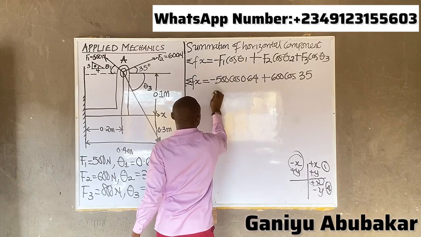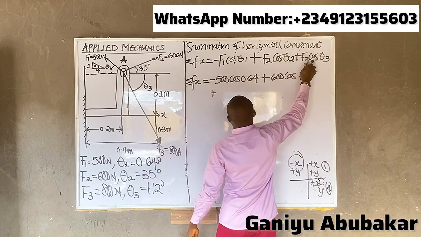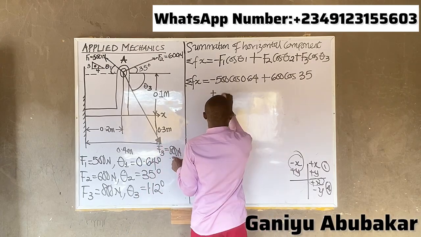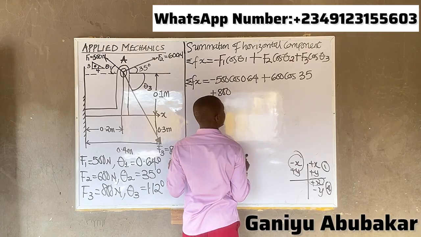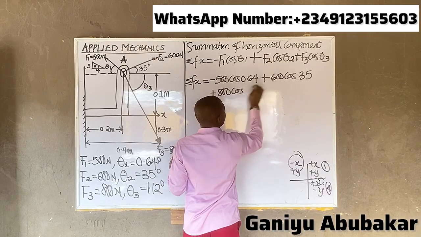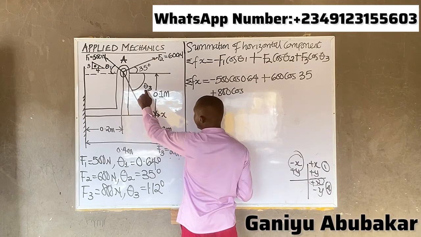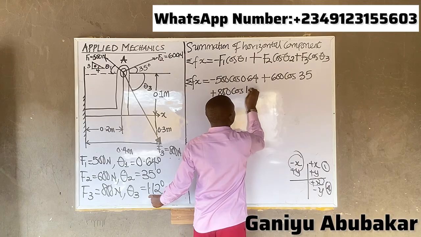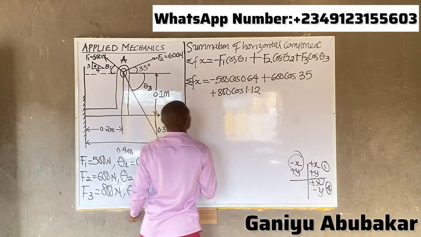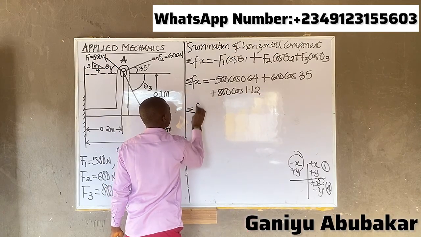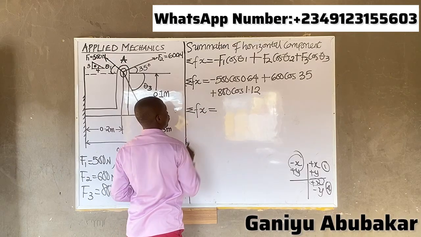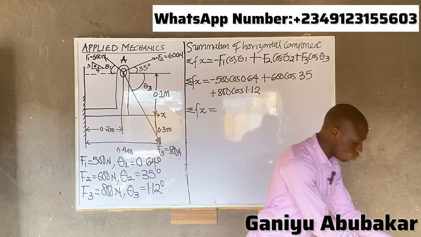Next up, plus F3, F3 is this 800, then cos theta 3, it says what? 1.12. This one gives you summation of f of x.